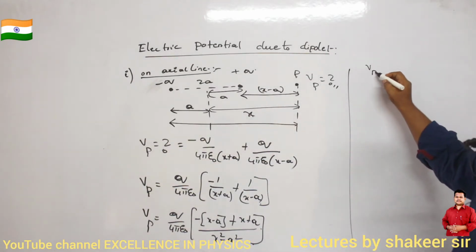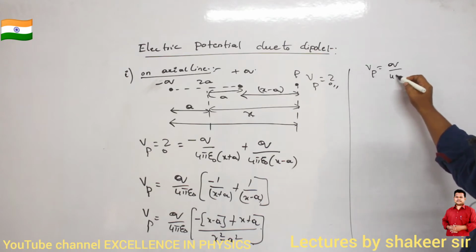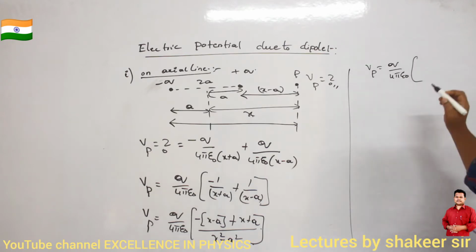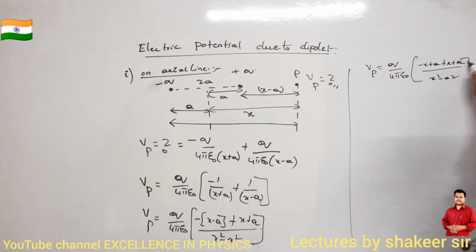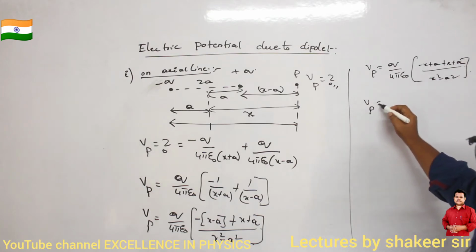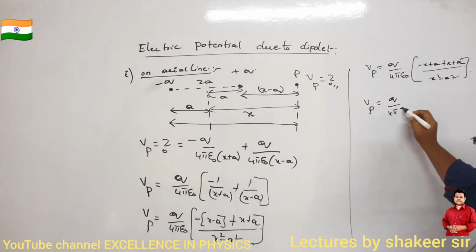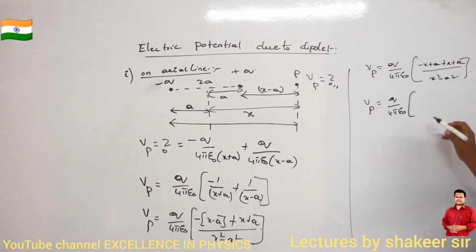So Vp is equal to Q divided by 4 pi epsilon naught into minus x plus a plus x plus a, divided by x square minus a square. Now what terms will get cancelled? Plus x and minus x will get cancelled. So 2a divided by x square minus a square.